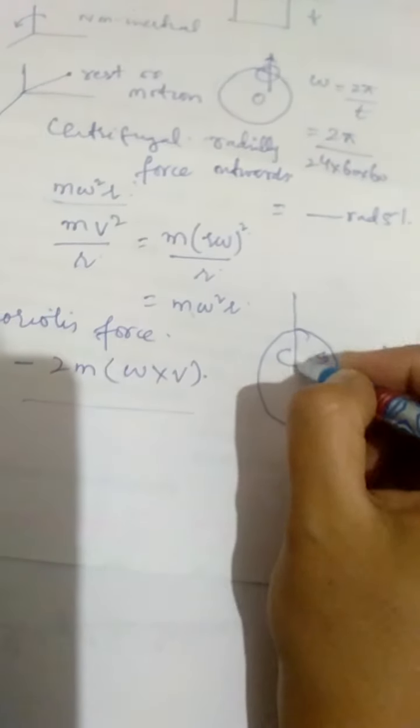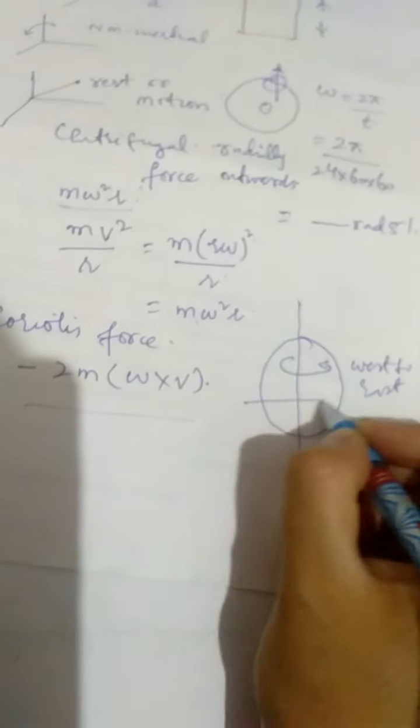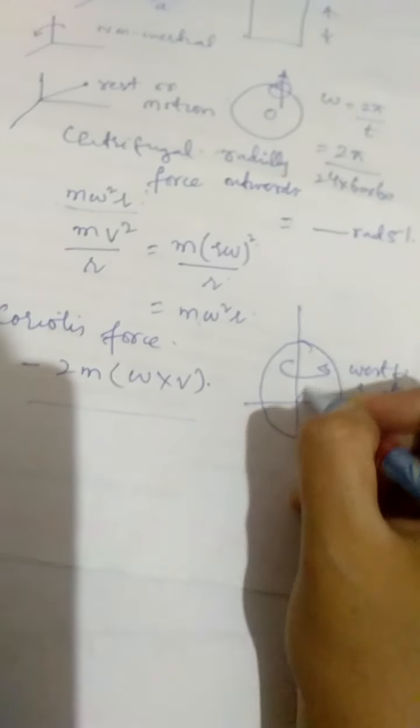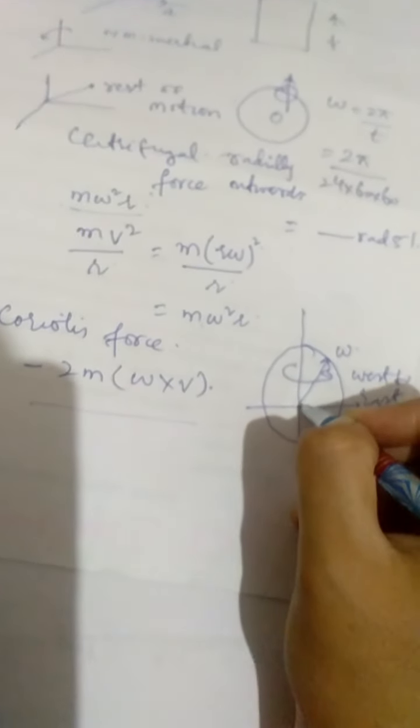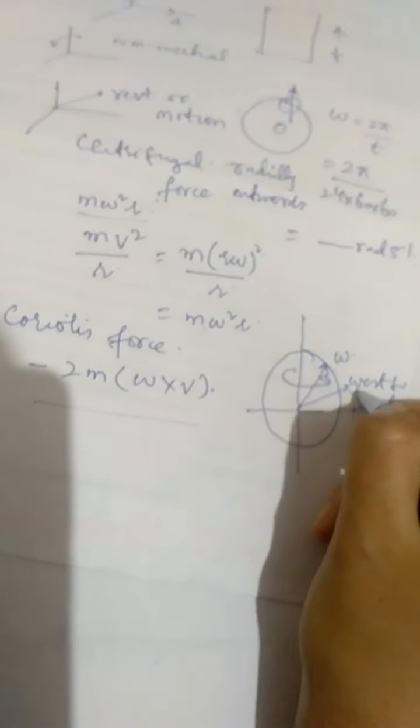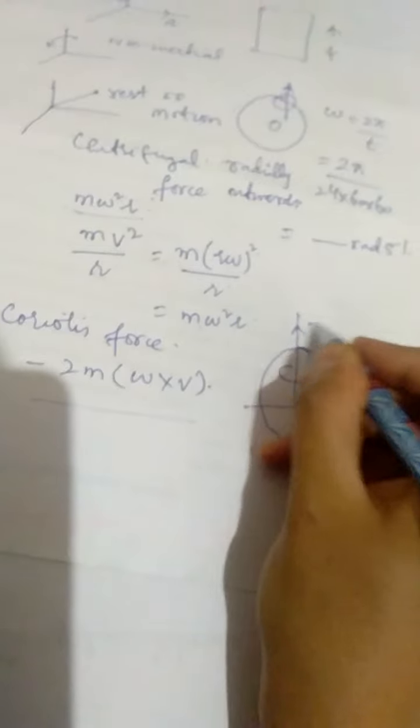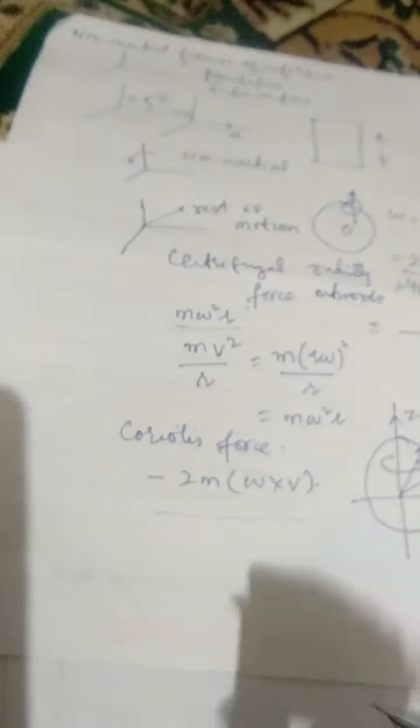Now, the component of the angular velocity omega of Earth is taken to be along the YZ plane. Remember, in the YZ plane. You should remember one more fact, that Earth is not rotating about its own axis like this, but it is also tilted.